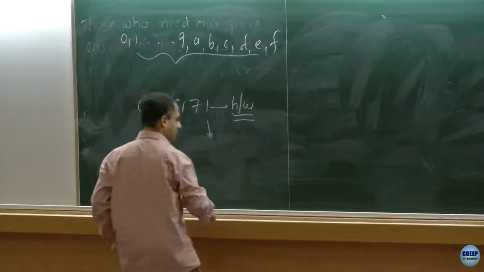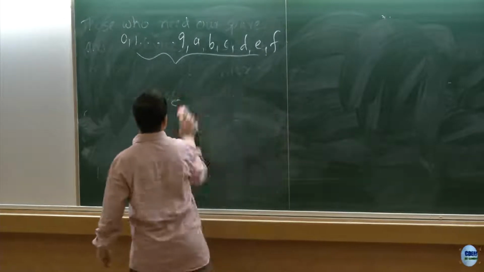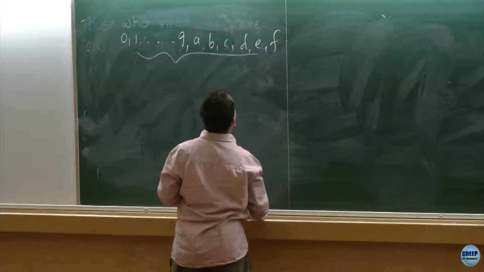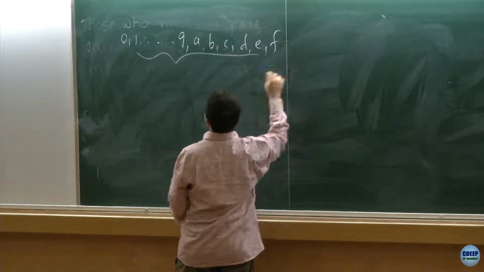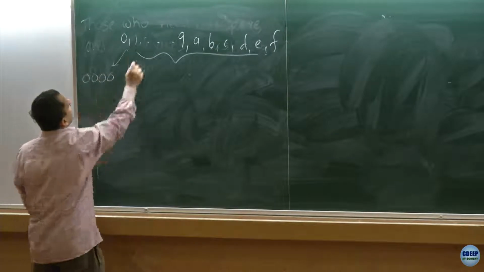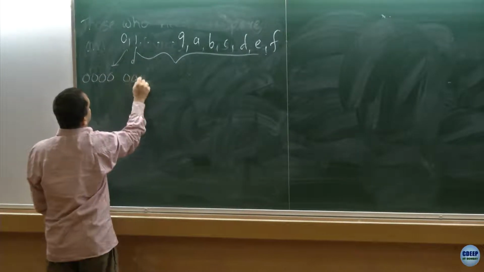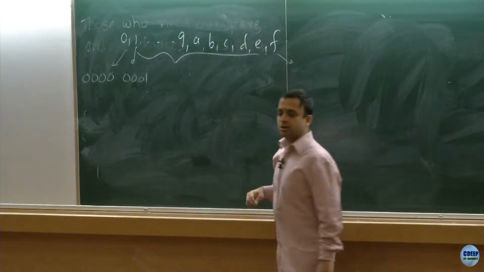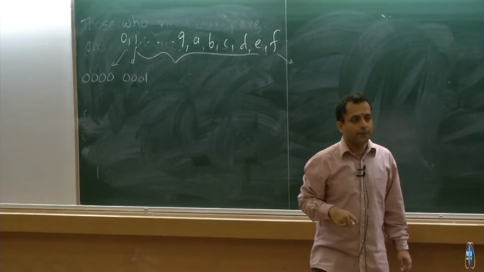So let me use the left hand side for the representation. 0 is of course 0000, 1 is 0001. F, what would it correspond to?